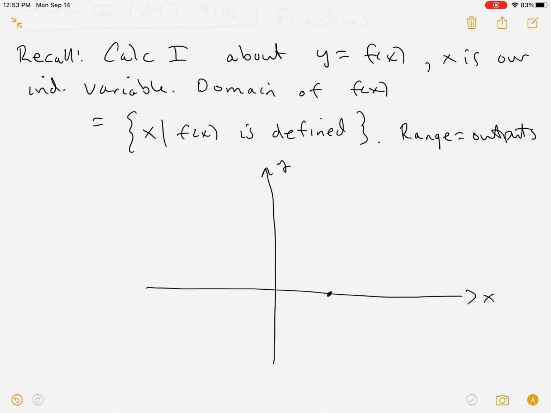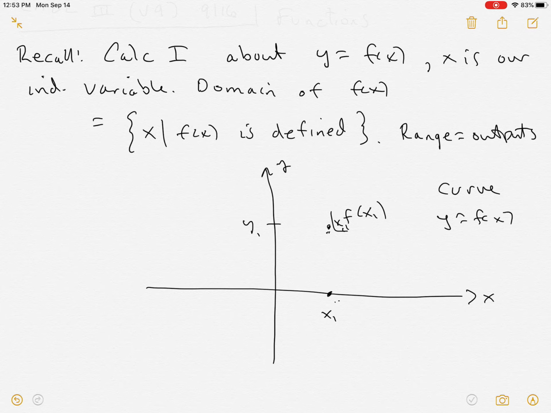So there's x1, and maybe somewhere up here is f of x1, right? And this is the point x1 comma f of x1. So yeah, input, output, and this thing makes a curve, right? A curve. Y equals f of x.